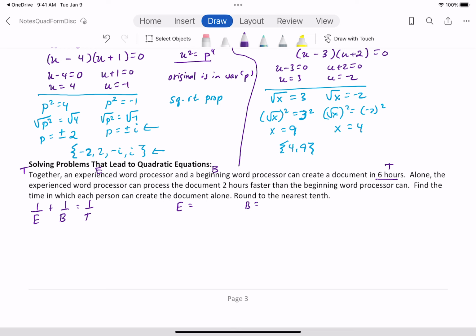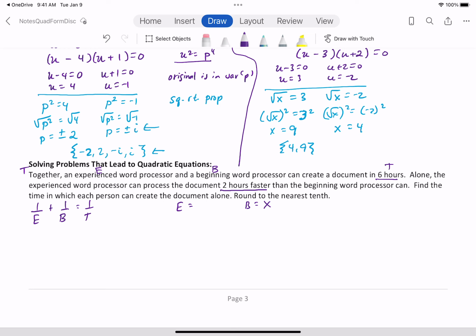So the experienced word processor can process it 2 hours faster. So that means our variable is going to be the beginning. That we don't know, but we can determine the experienced if we know the beginning. Now you also have to be careful here because it says 2 hours faster, and that might lead you to think faster is +2, because if a person is running 2 miles per hour and another is running 2 faster, they're running 4.